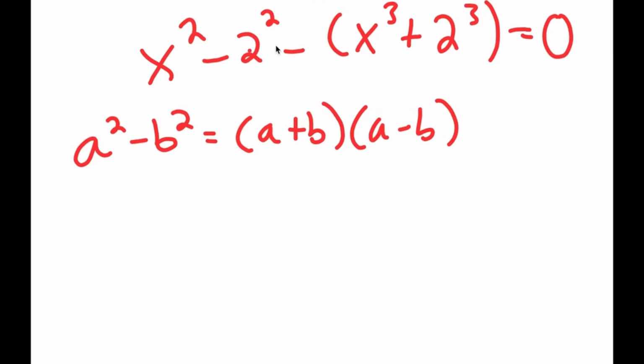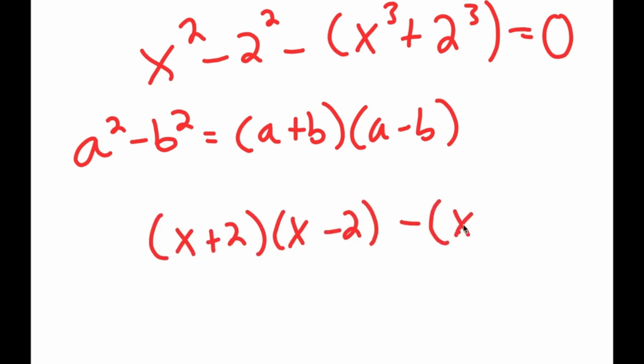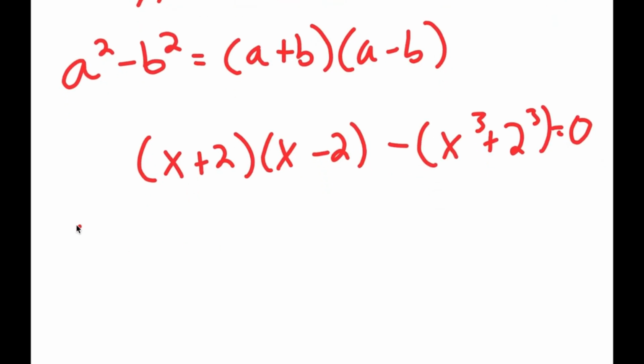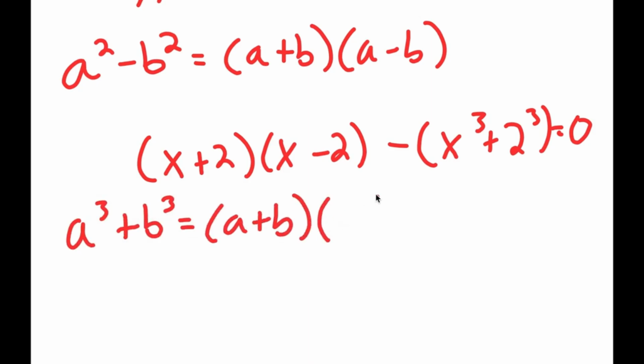So x squared minus 2 squared is going to equal x plus 2 times x minus 2. And now if I have something in the form a to the power of 3 plus b to the power of 3, this is going to equal a plus b times a squared minus ab plus b squared. And these two properties are really important in algebra, so I would recommend memorizing them.